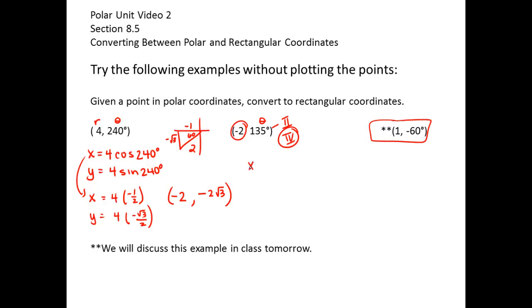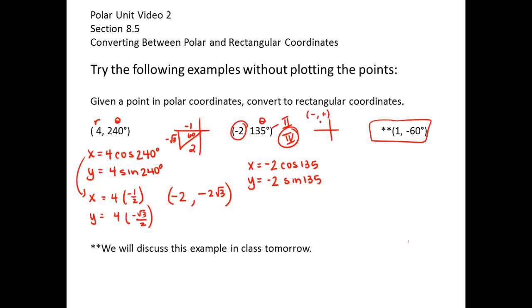So I have x equal to negative 2 times the cosine of 135, and y will equal negative 2 times the sine of 135. Now because I'm looking at something located in quadrant 2 at 135 degrees, keep in mind that this is a negative cosine and a positive sine value.